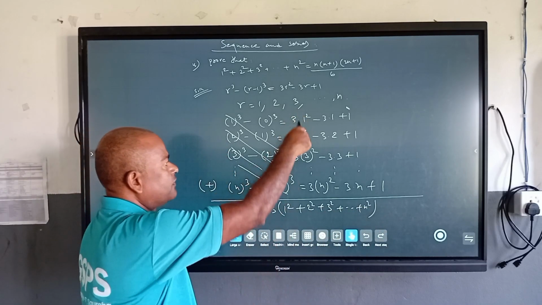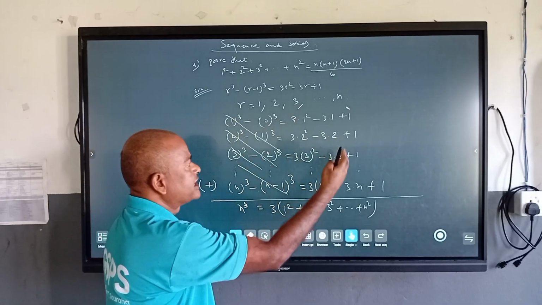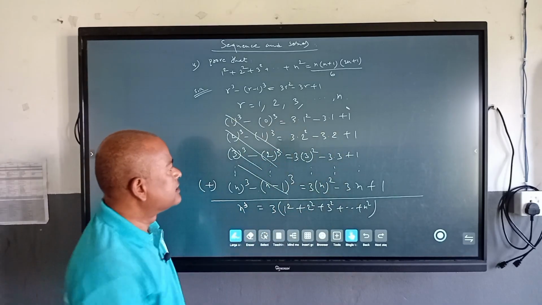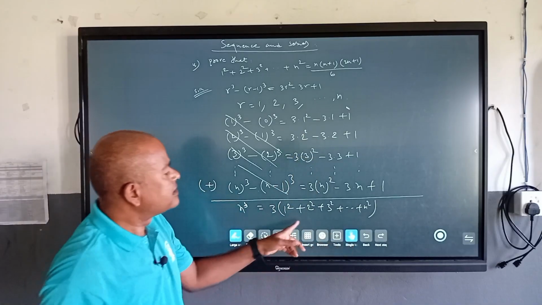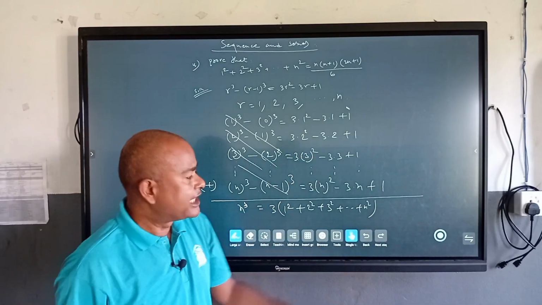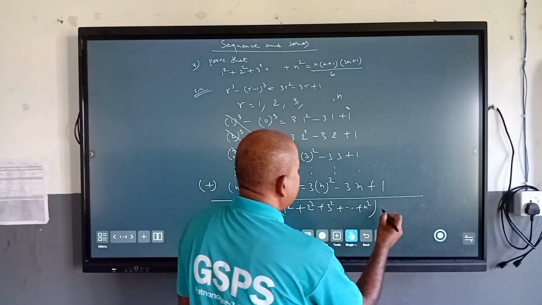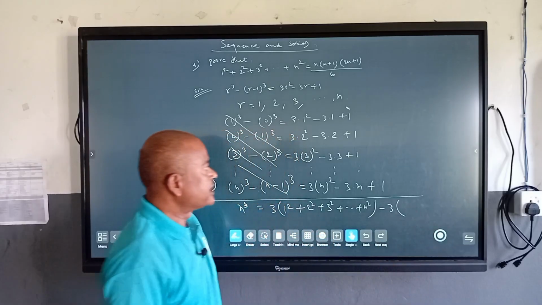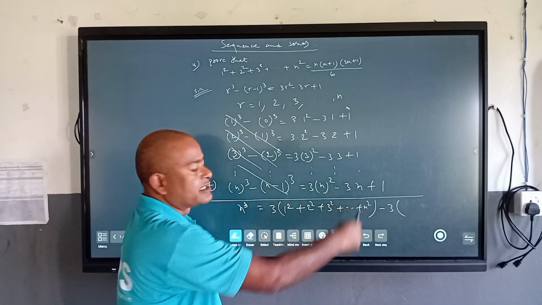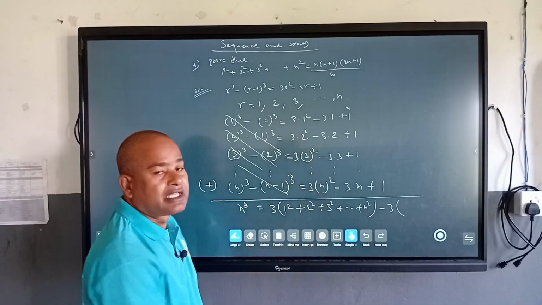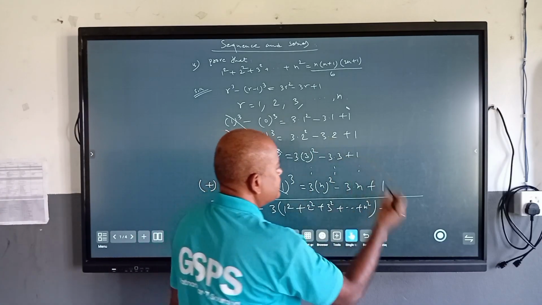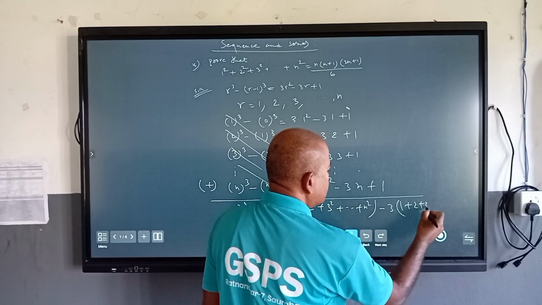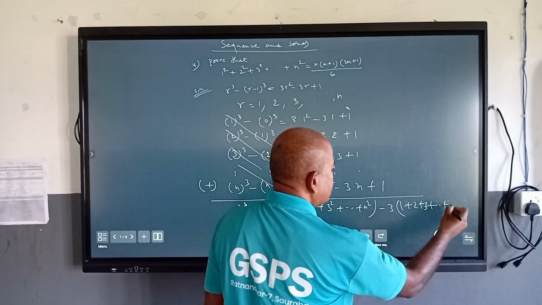So if we add the first terms of the right hand side expression, taking 3 common, the remaining terms are the squares of the natural numbers, the sum of the squares of the natural numbers. Dear students, now if we add all the second terms of the right hand side expression, then we get 3 times (1 plus 2 plus 3 plus dot dot dot plus n).